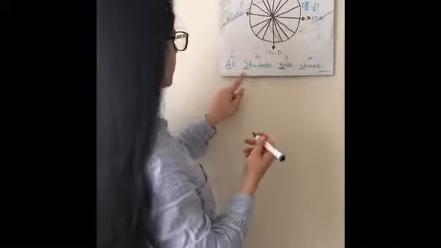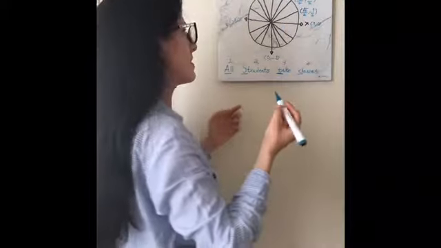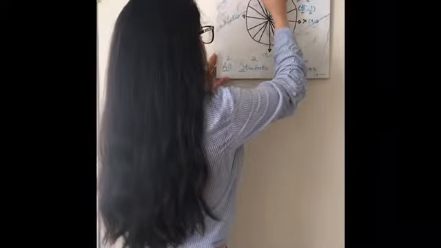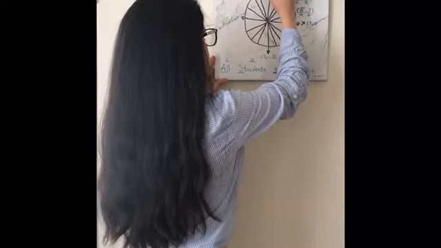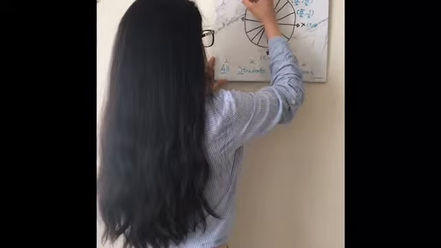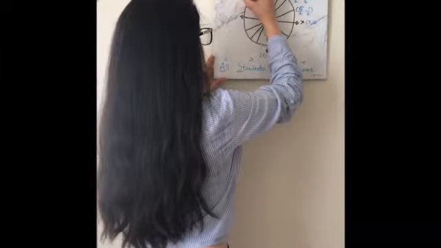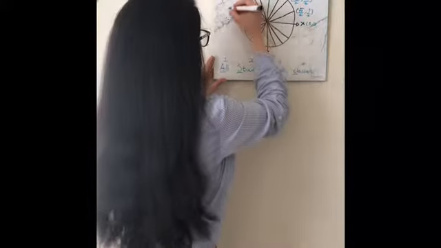As I explained before, in this quadrant, only the sine values are going to be positive. So we have our cosine value, -1/2, and our sine value, radical 3 over 2. And next up we have radical 2 over 2, comma, the same value.